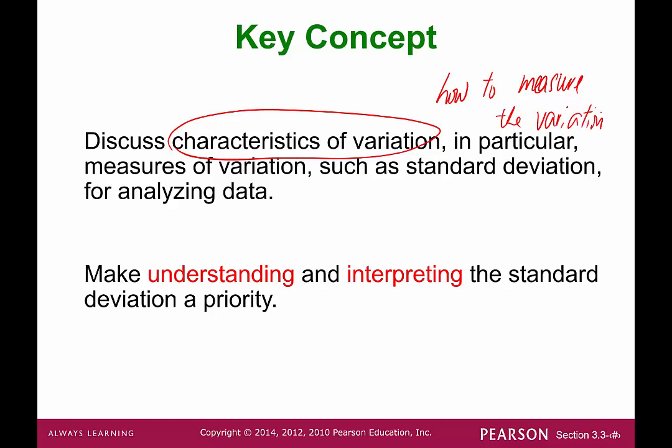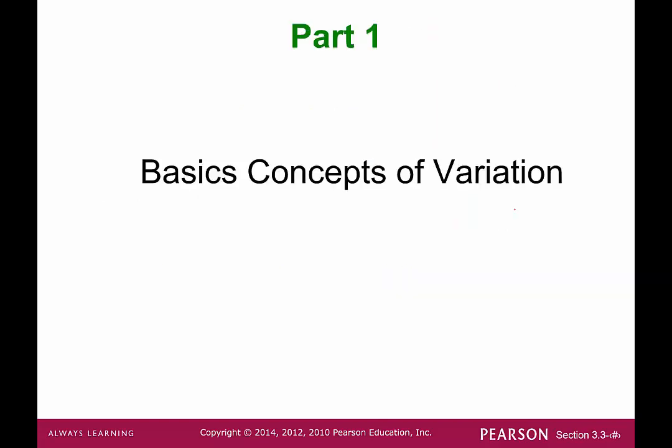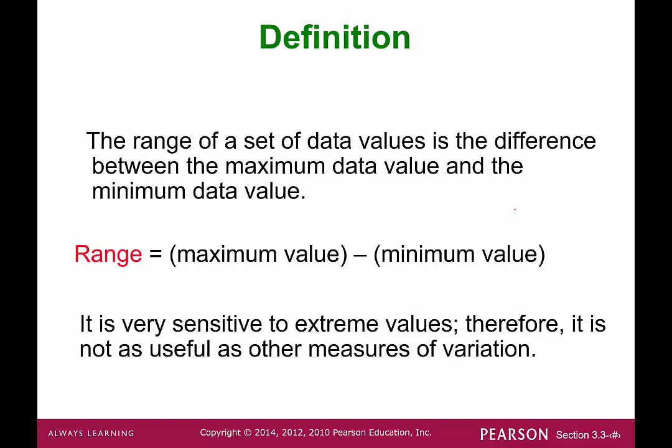So basically we use some index like standard deviation and variance to measure the variation. Let's first take a look at the definition. The range of a set of data values is the difference between the maximum data value and the minimum data value. So range equals maximum value minus minimum value.